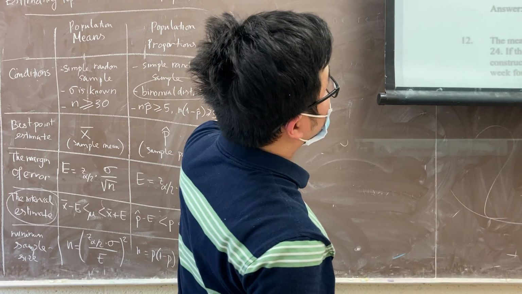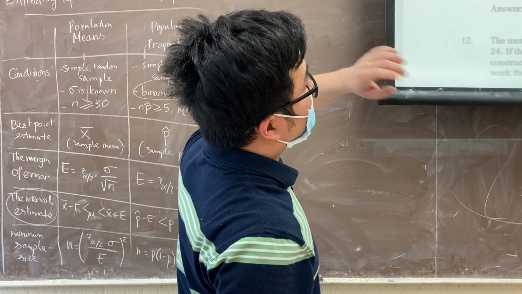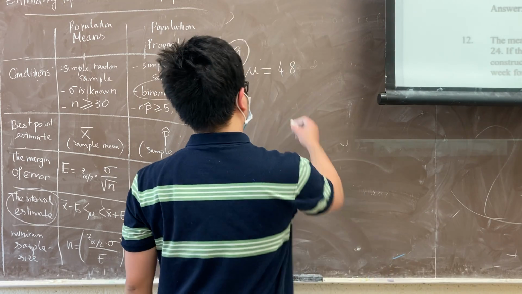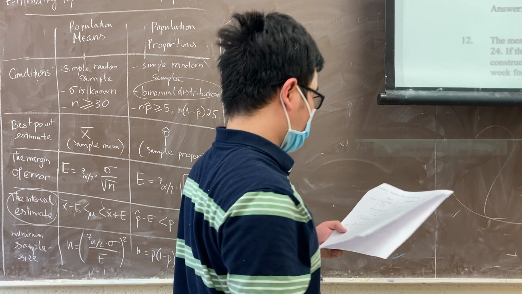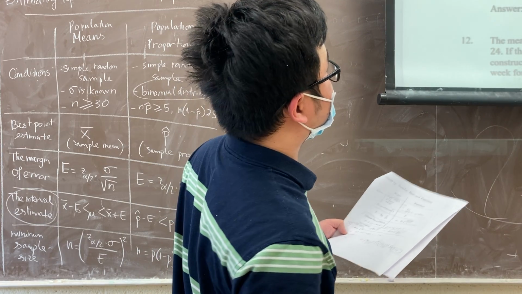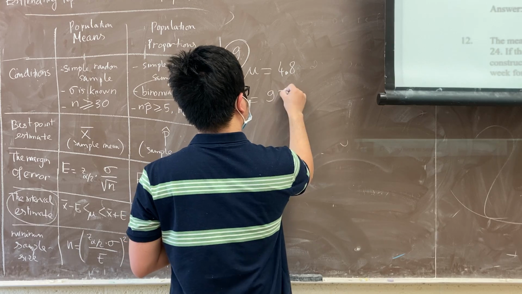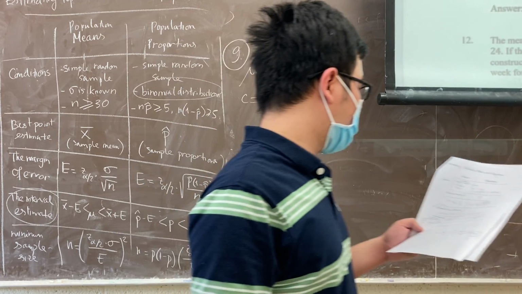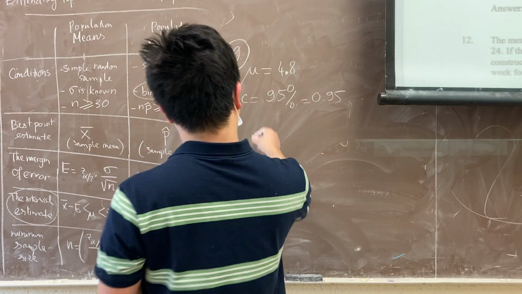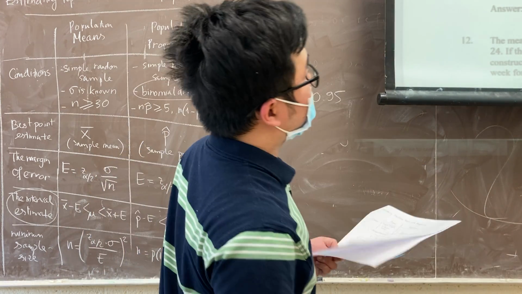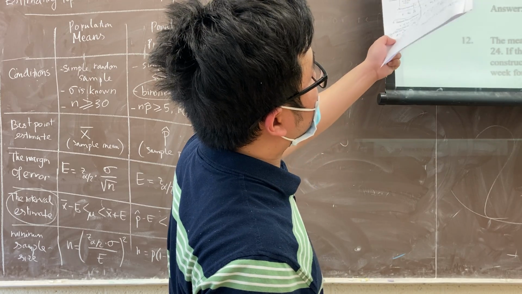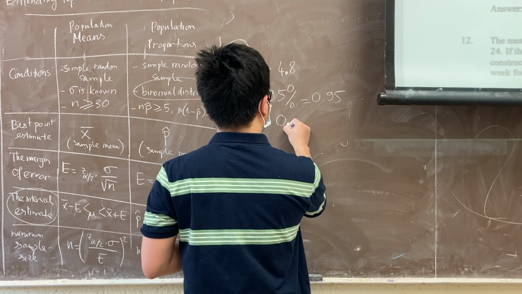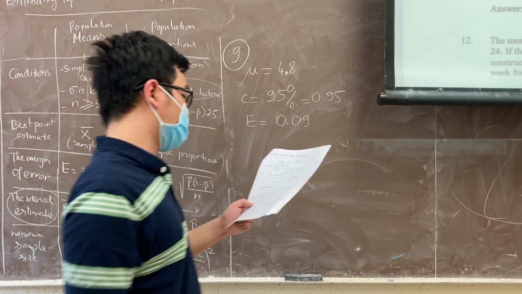We have mu, the population mean here, is 4.8, right? And they give you the confidence level, 0.95, and they give you the margin of error. Look at question 9, the maximum error of 0.09, so that means 0.09 is the margin of error.